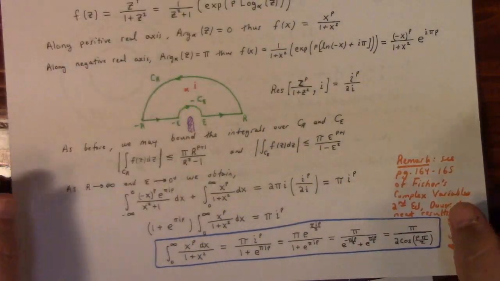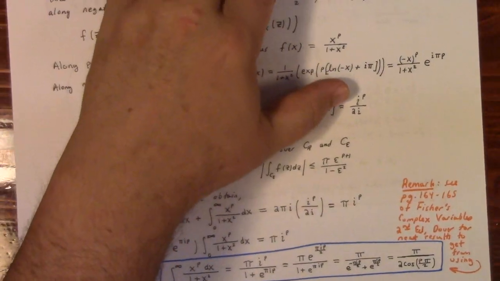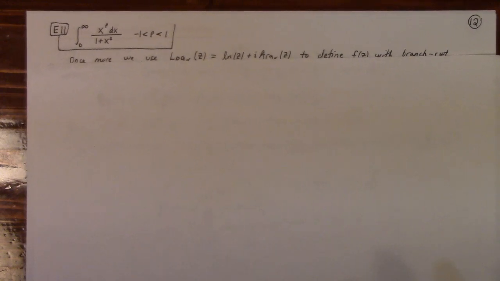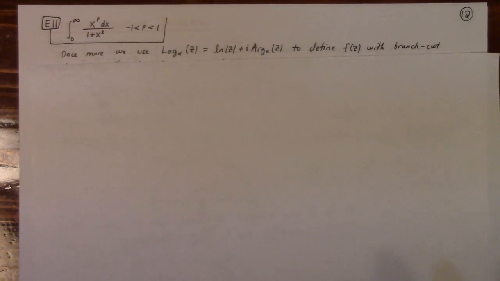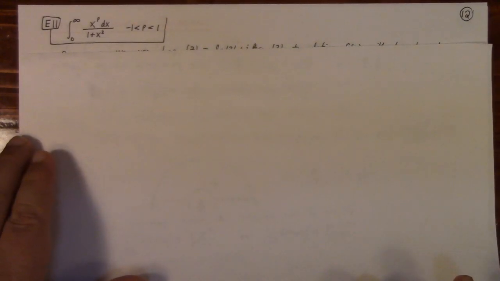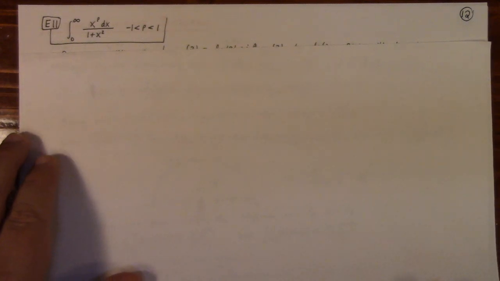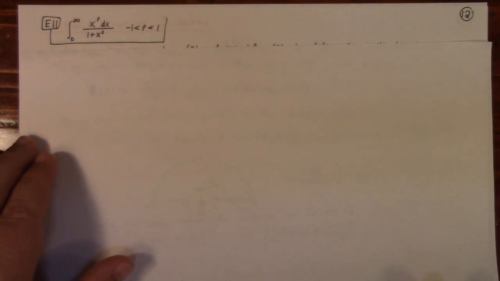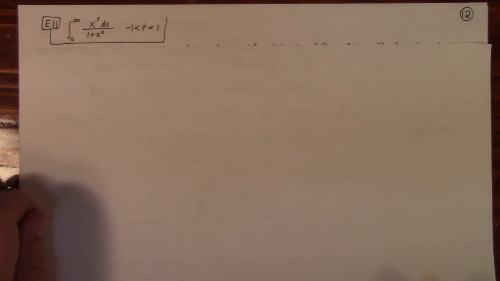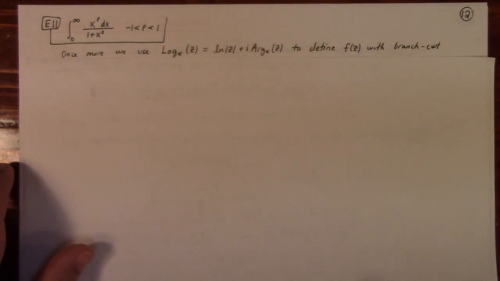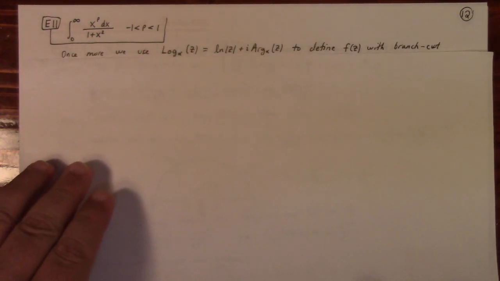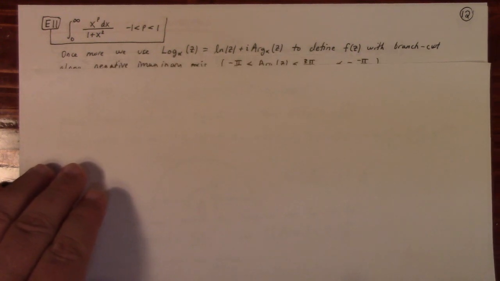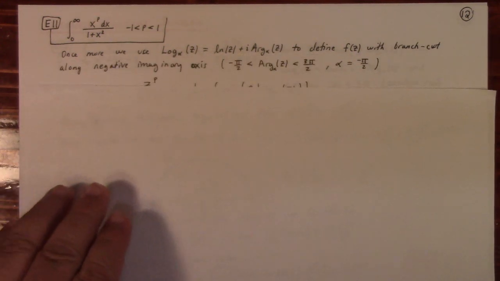Example 11. We have the integral of x to the power p, divided by 1 plus x squared, integrated from 0 to infinity, with p being some real value between minus 1 and 1. This time we'll use the logarithm again, with the branch cut along the negative imaginary axis.